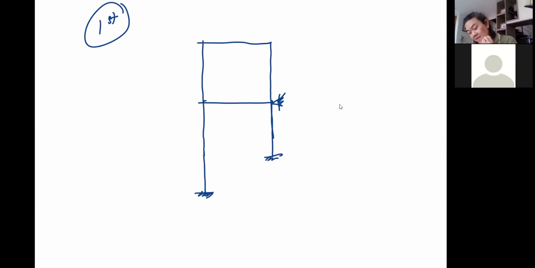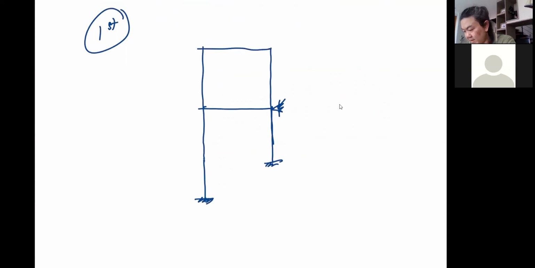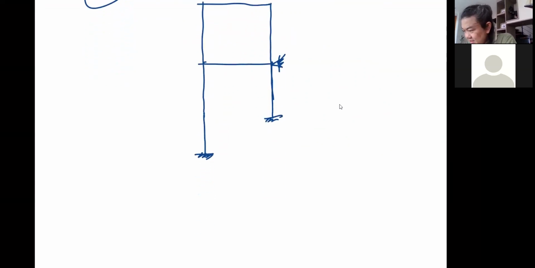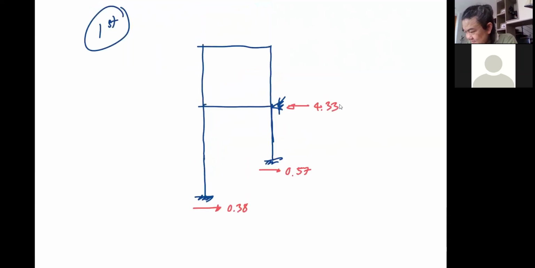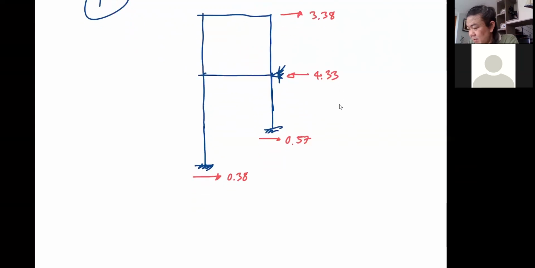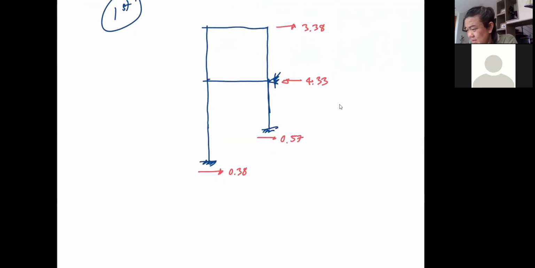First one, after you calculate all the moments, you will know that your shear is going to be like this: 0.38, 0.57, 4.33, and then 3.38. But because we have two displacements, you cannot solve for the factor directly. You're going to have to combine them.